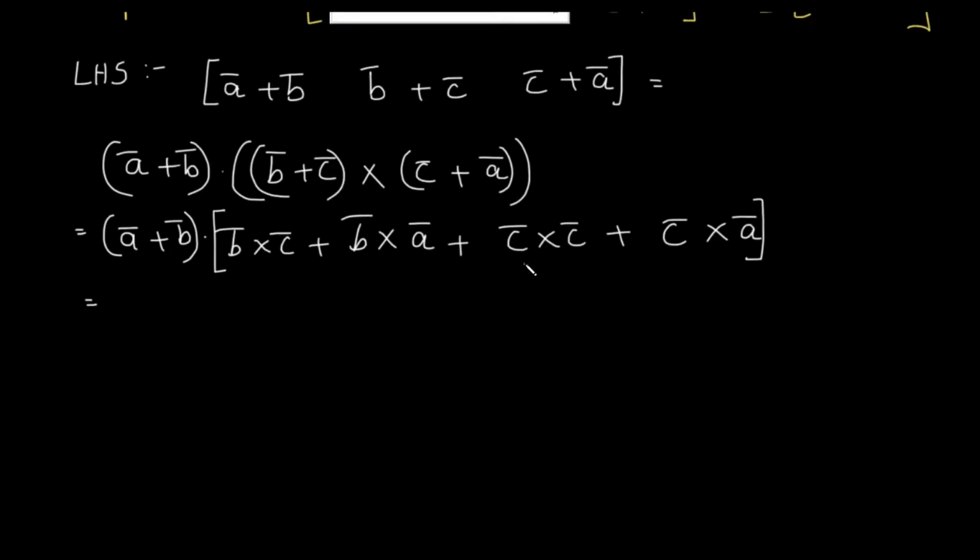Now C cross C is 0. The cross product of parallel vectors or similar vectors, equal vectors is 0.